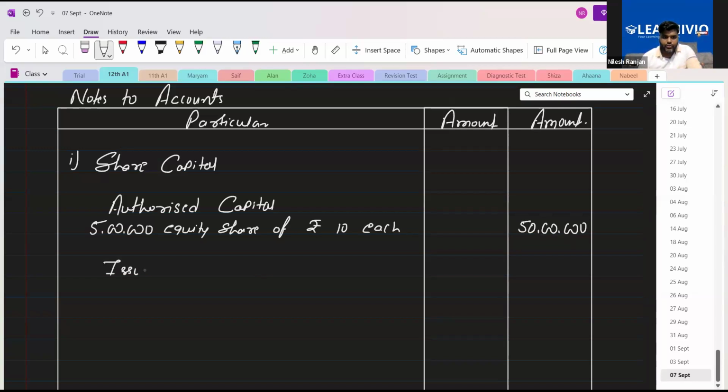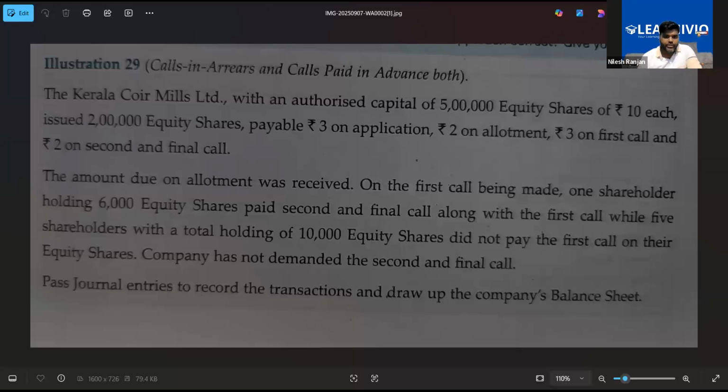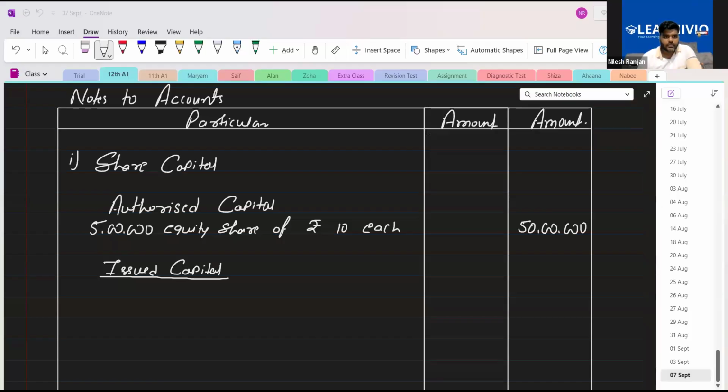Then there is issued capital. Again, issued capital is 2 lakh equity shares of rupees 10 each. So it is 20 lakh.